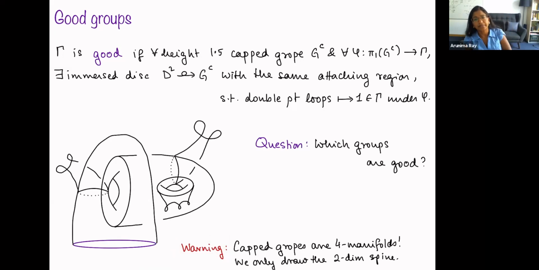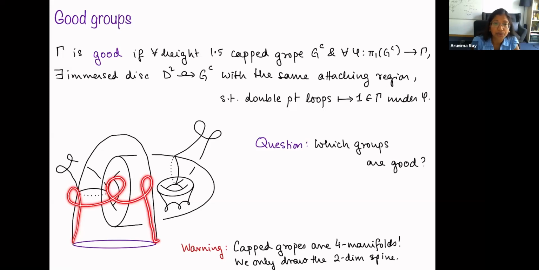And then we say that a group gamma is good if whenever you have a creature like this, a GC, and you have a homomorphism from its fundamental group to that group gamma, there should be an immersed disk inside of that capped group with the same attaching region. The attaching region is here in purple. So I want there to be some immersed disk like this with that purple boundary.